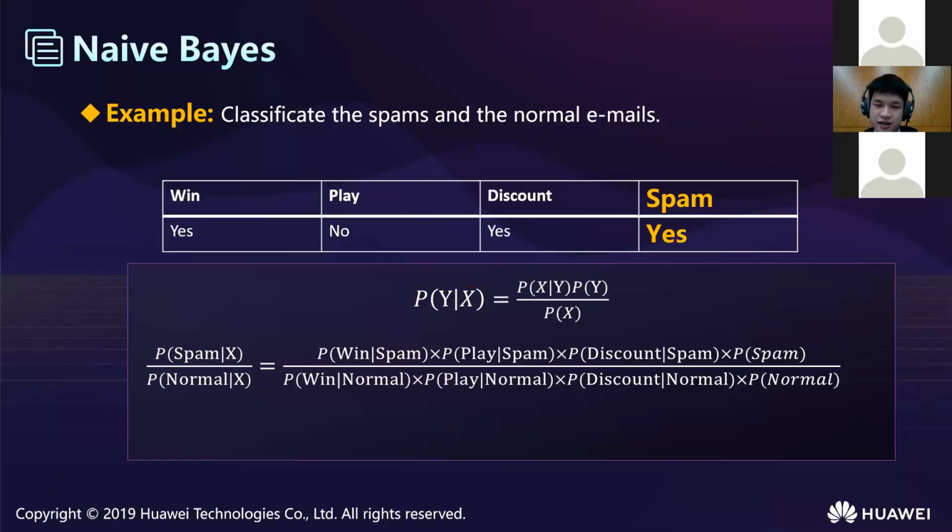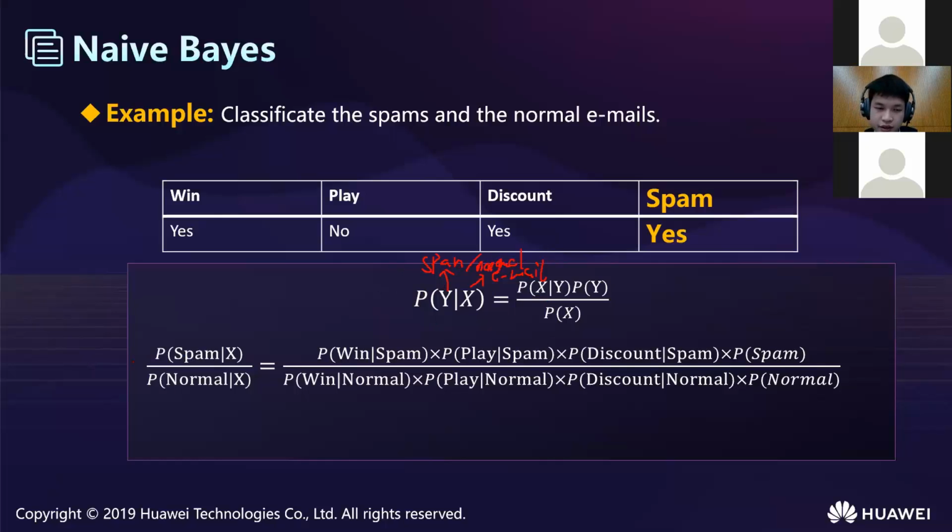The X here is the email, and the Y means the output of the machine learning model: spam or normal.